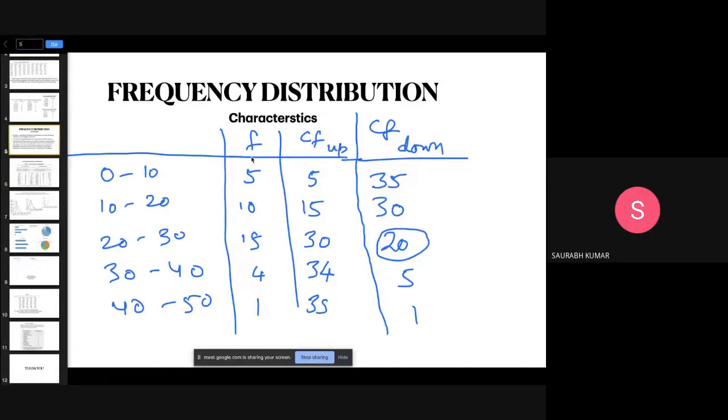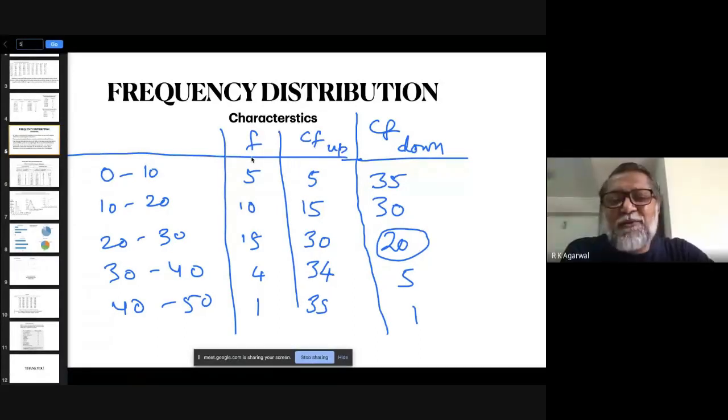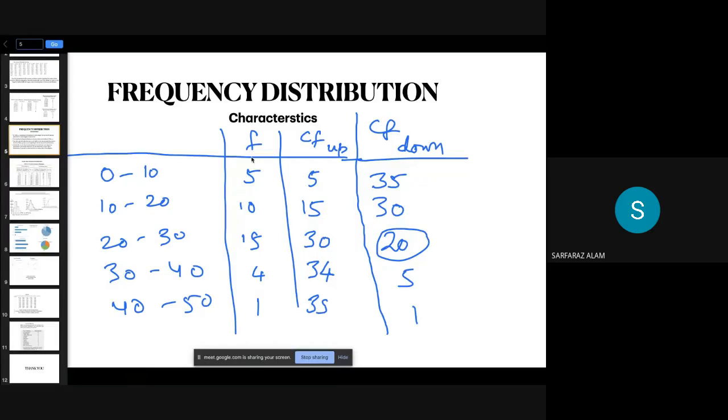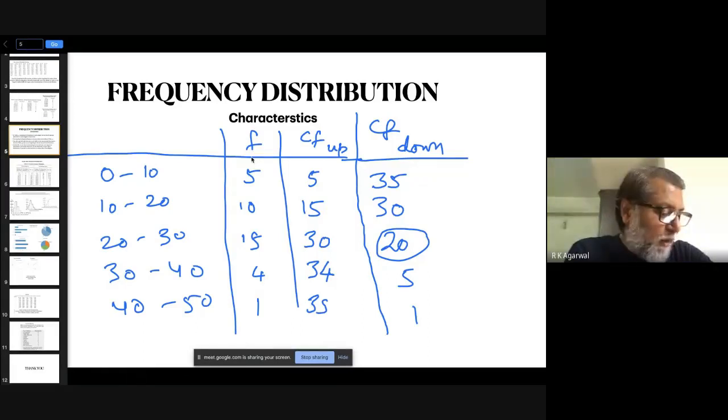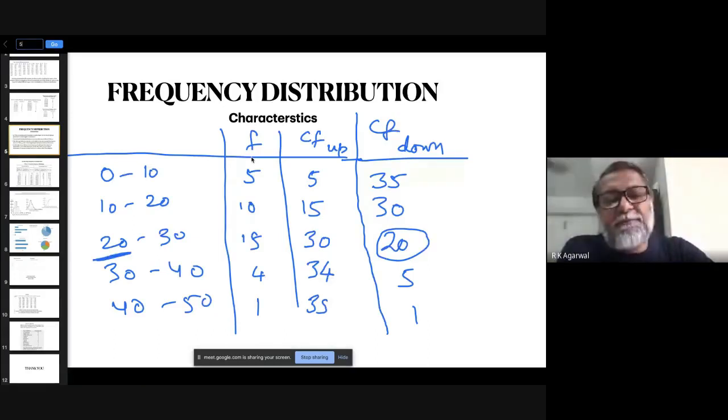So this 20 means that there are 20 people who are either equal to 30 or more than 30.